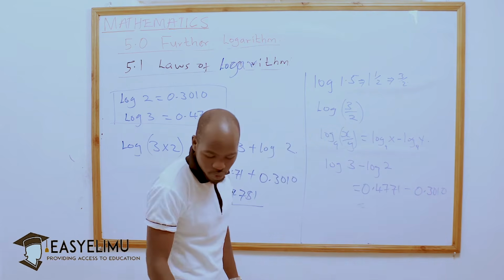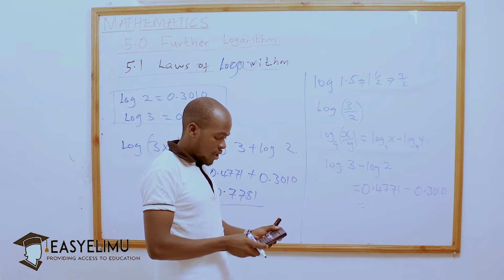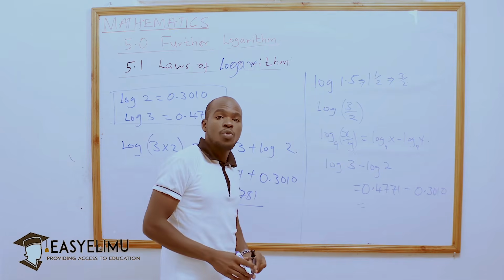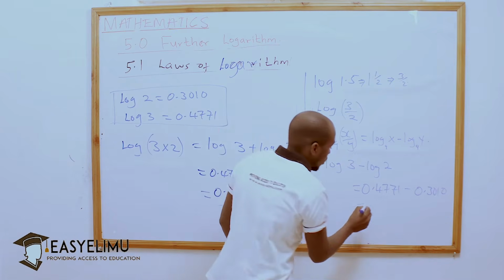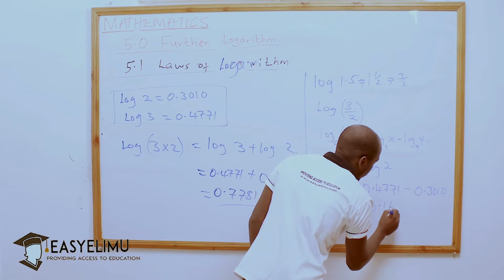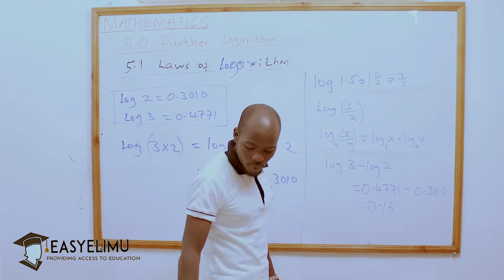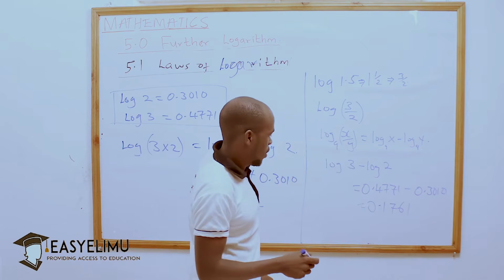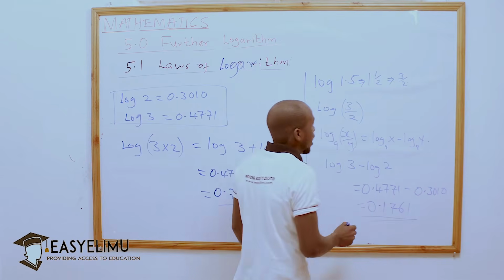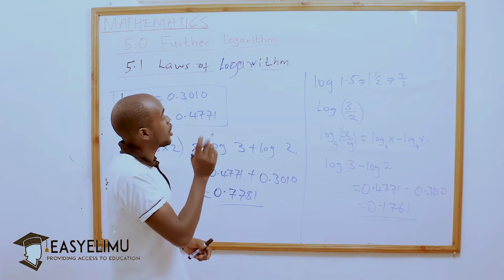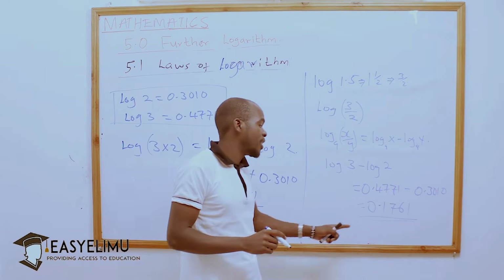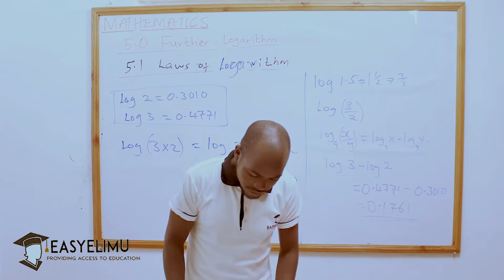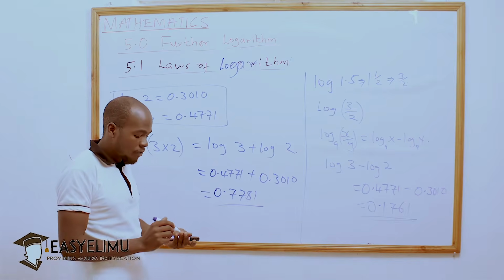If we compute the difference, we arrive at an answer of 0.1761. That is what we find as the answer. So if you compute the log of 1.5, you will find 0.1761.